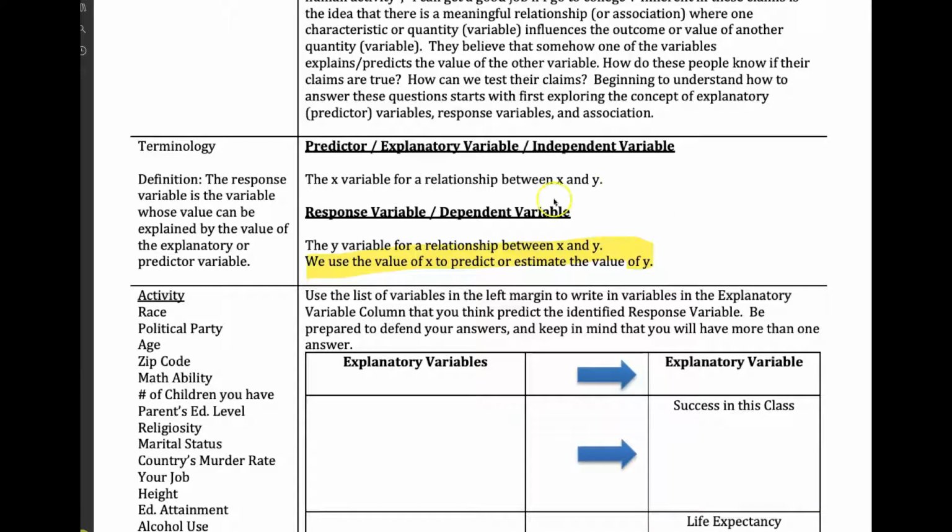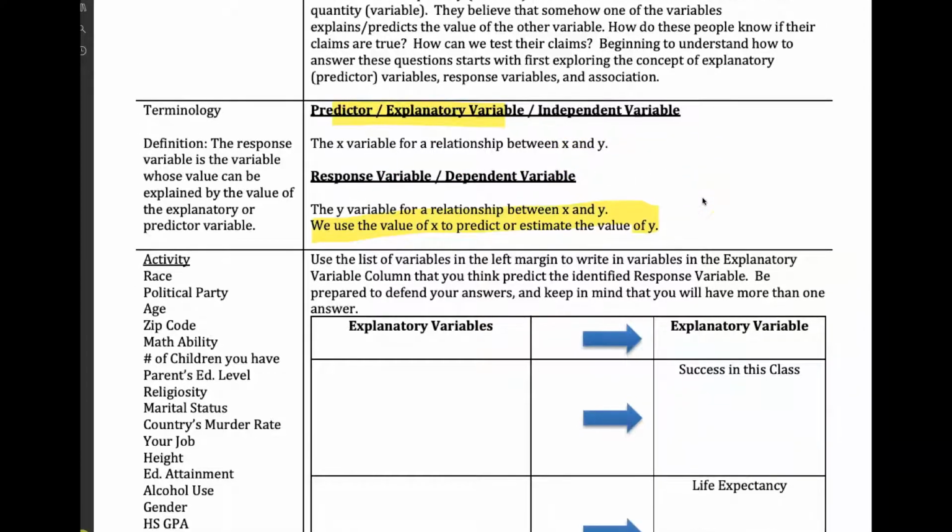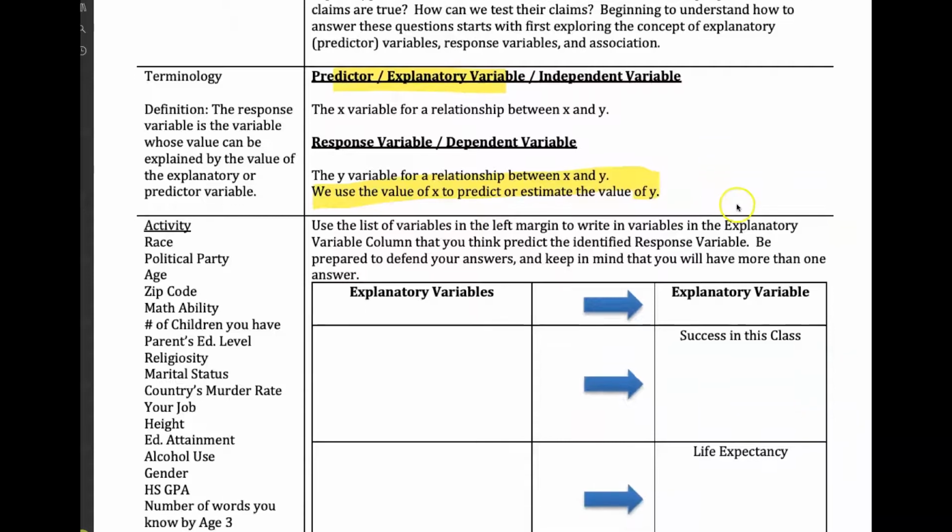Between these two variables, we call one a predictor variable, or explanatory variable, or you may have heard the term independent variable, and the other a response variable, or dependent. In math, we just use X and Y. In statistics, we name these variables because there's a relationship between them.